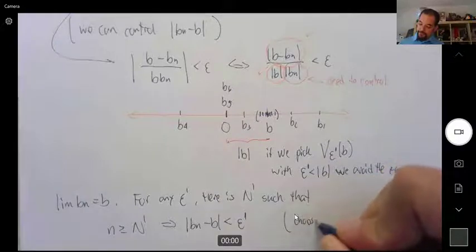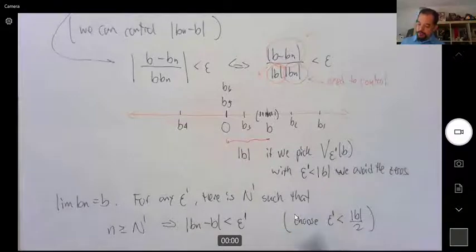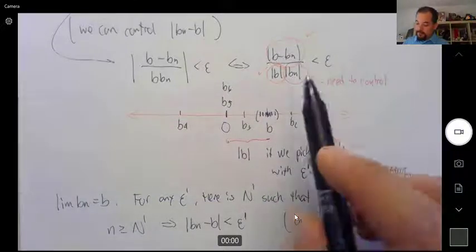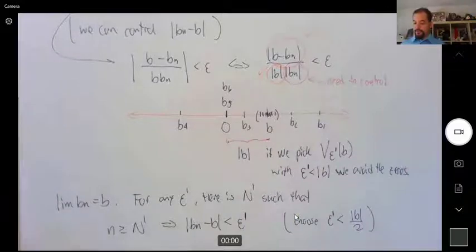Choose epsilon prime smaller than the absolute value of B over 2. That way we can guarantee that these Bn's are not 0, right? And if they're not 0, then we can control them right here. Okay? That's the idea. So we need to check that they're not 0.